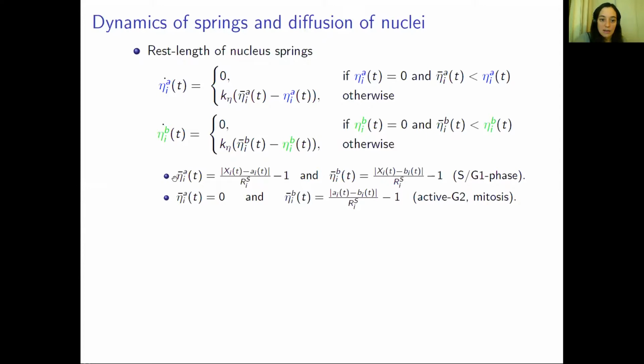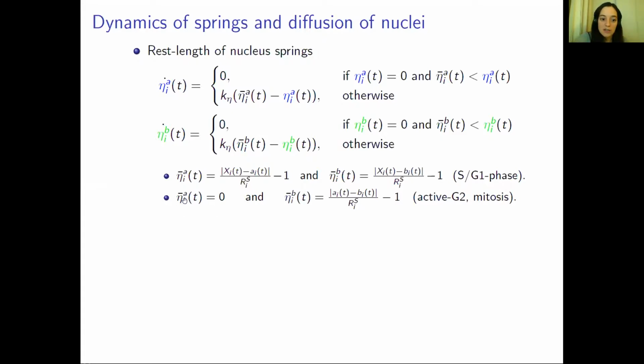So this eta bar is the actual distance between apical and nucleus and basal point and nucleus. And this is what we assume for the S phase and G1 phase. And this gives a passive movement of nuclei. Then during active G2 and mitosis, nuclei will try to approach the apical side.